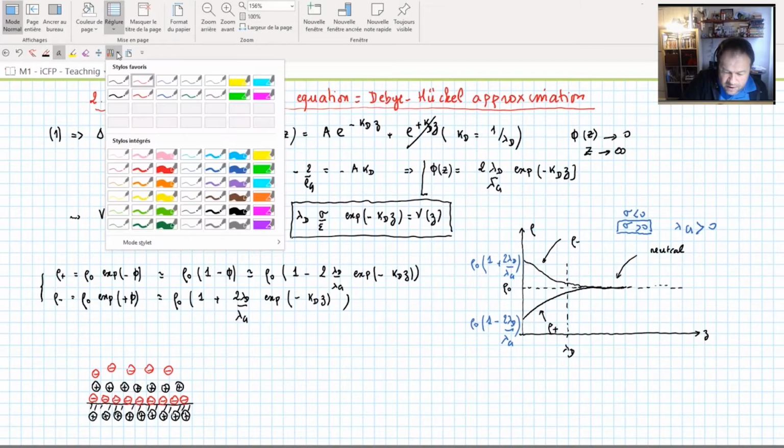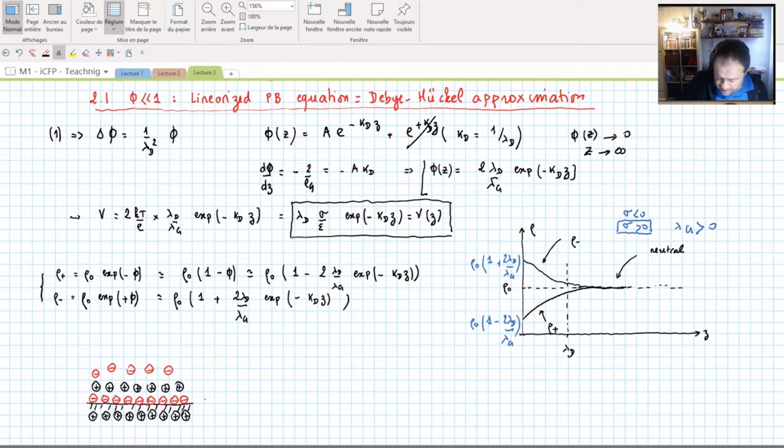And really now we have an interpretation of what is the Debye length. The Debye length is the length over which we have to go in order to screen the surface.